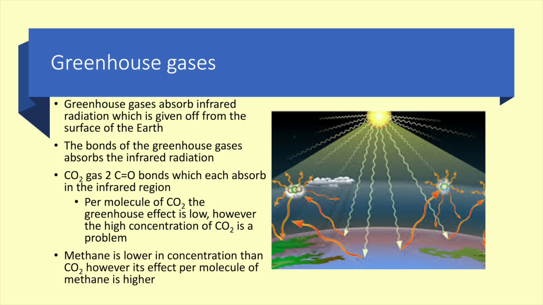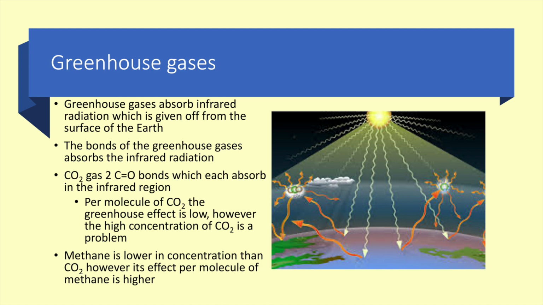Methane is another greenhouse gas that's causing a problem. Whilst it's lower in concentration, so fewer molecules in the atmosphere, it has a much higher effect per molecule, and so is still quite a significant problem. The third main greenhouse gas that we talk about is water.